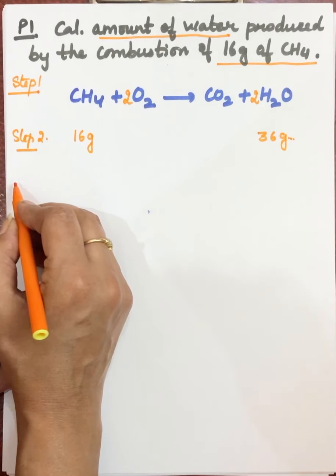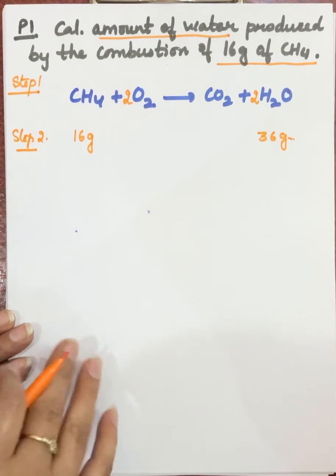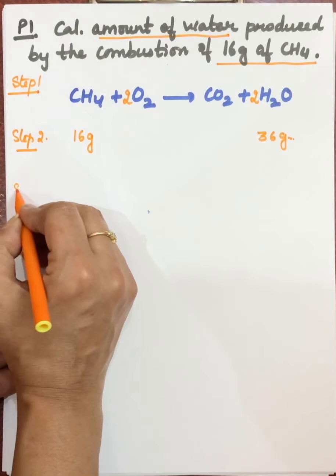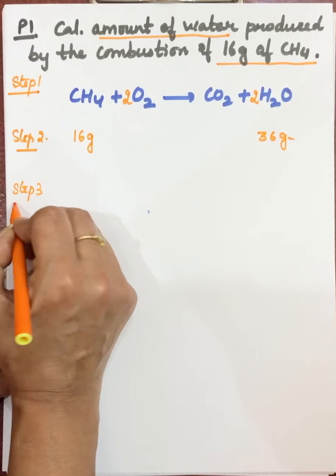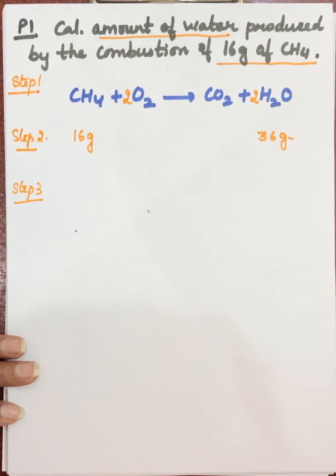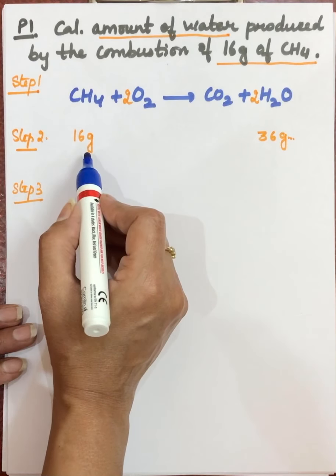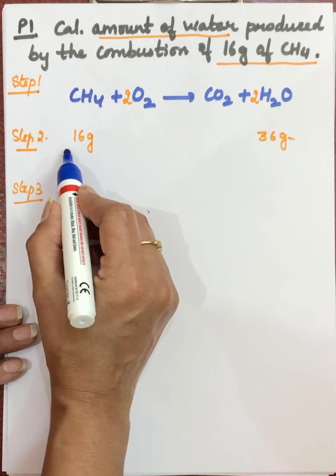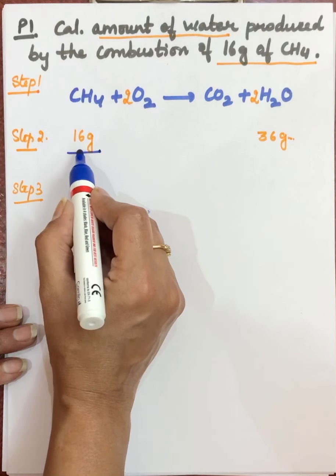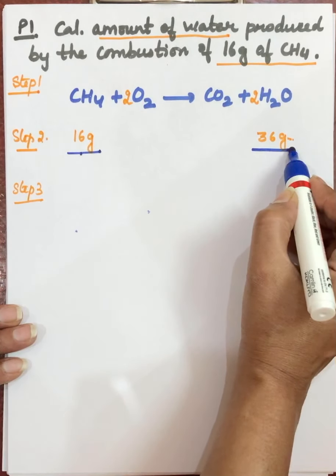Now third step, if the gaseous substances are involved, then we will write the volume under the formula of that substance. Since volume is not involved in this question, we are not using it. Step 3 is unitary method we have to use to make the required calculations. Find out the amount of water when 16 gram of methane is burning. 16 gram methane when burns, how much water are we getting? 36 grams.